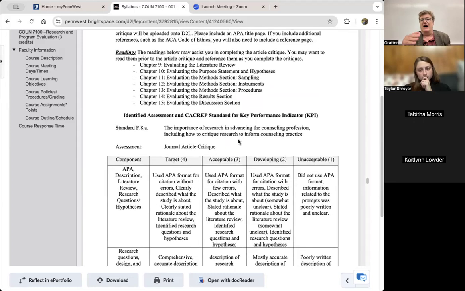So, I would say you're going to number the title page. So that's page 1. And I would say probably at least 2 pages. And then number 4 would be references, but 2 full pages minimum.